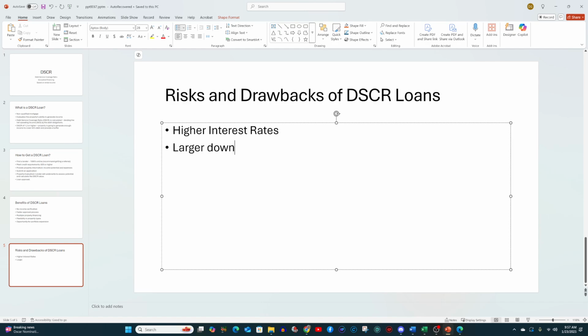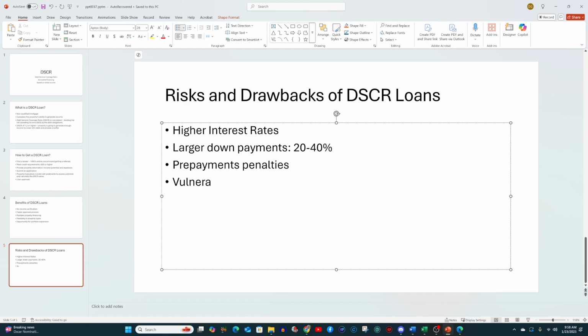Larger down payments are usually required, anywhere from 20 to 40%. Prepayment penalties, typically. They're looking at making their money off this loan, and so typically there is a prepayment penalty, which can be costly if you plan to sell or refinance within a short period of time.